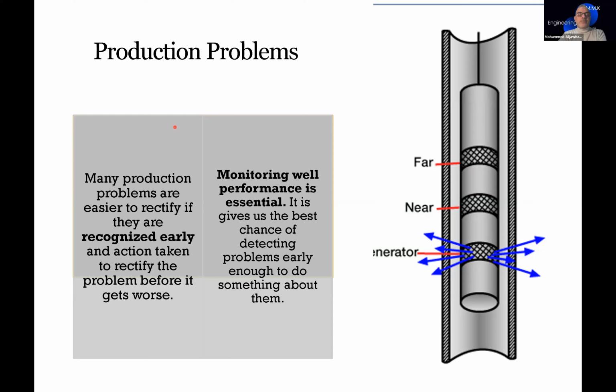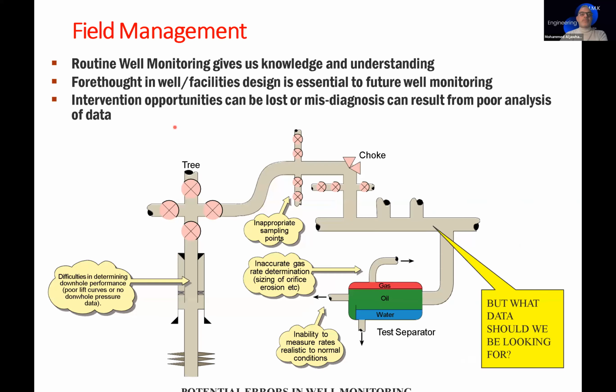This is the essential part we have to keep in mind as petroleum engineers dealing with the field in terms of field management or well management. This is the best chance to detect the problem in its early life, or when it's just happening. So how can we do that?